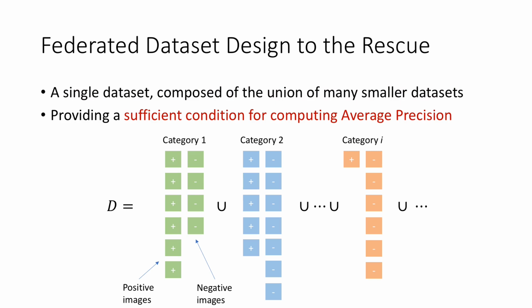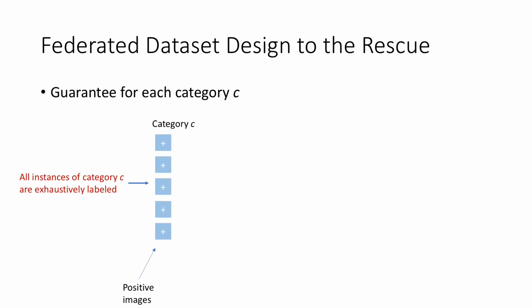This structure will provide sufficient conditions for computing average precision, which is the standard way that object detectors are evaluated. To see that, let's look at the guarantee provided for each category level dataset. So for category C, we have positive images in which all instances of category C are exhaustively labeled.